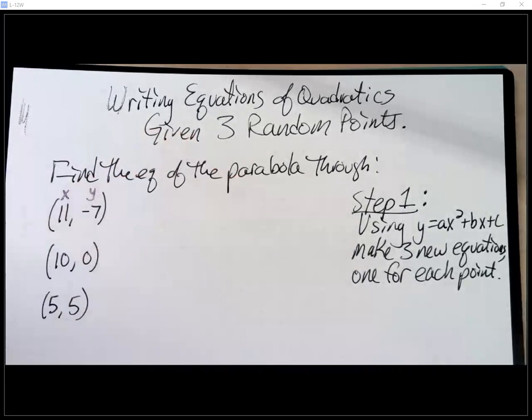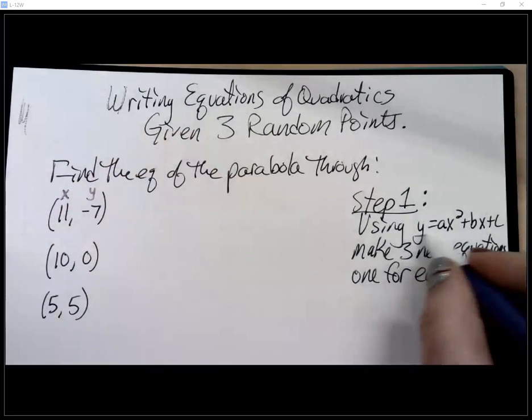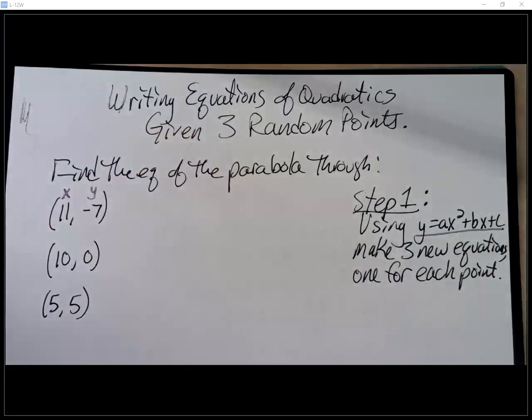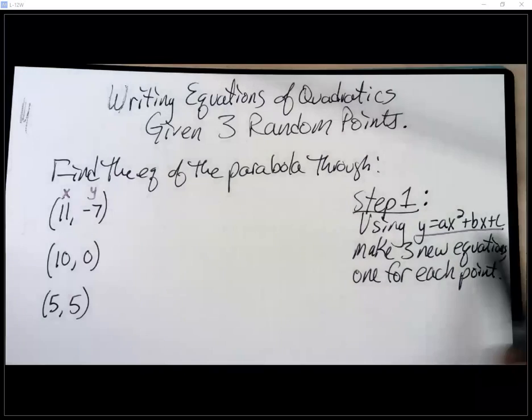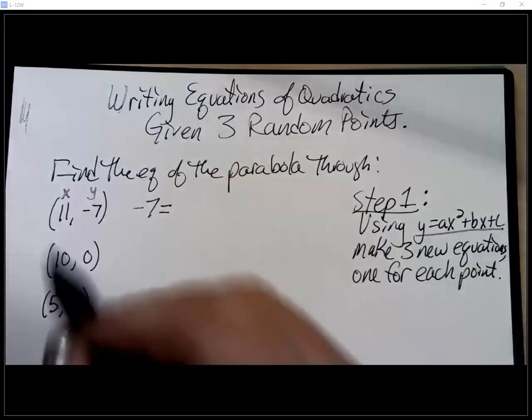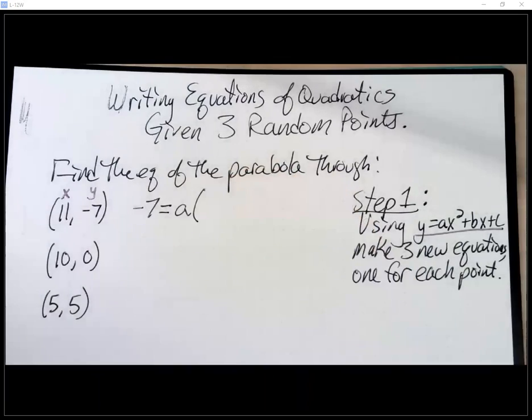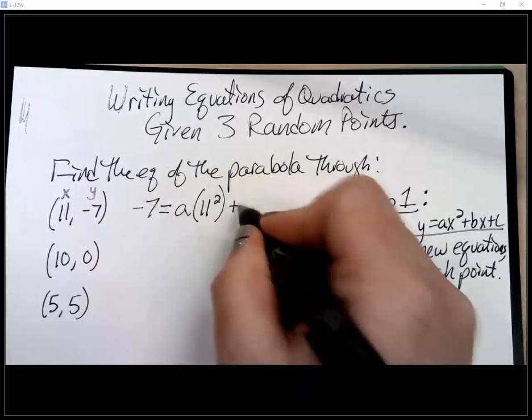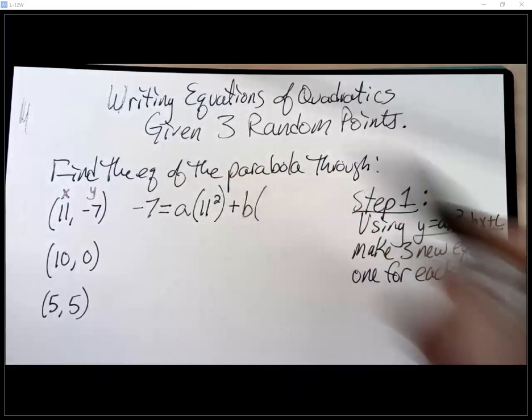So always remember that you have the x first and then a y. All I'm doing is taking this equation right here and replacing x and y. I'm going to leave the a, b, and c in there because I don't know what a, b, and c are. But I have an x and a y for the first point, so watch what this looks like. Instead of writing this, I'm going to write -7 equals a times x, which is 11, so 11 squared, plus b times x, which is 11, plus c.